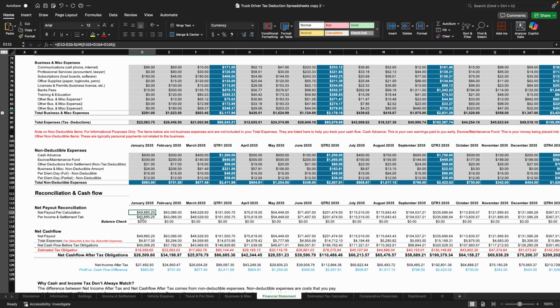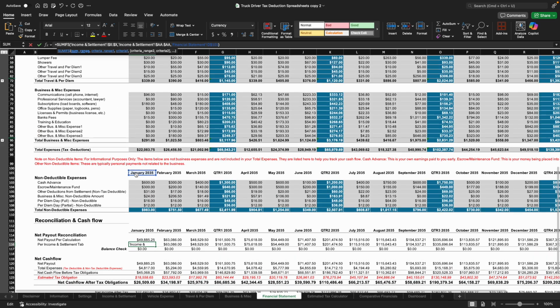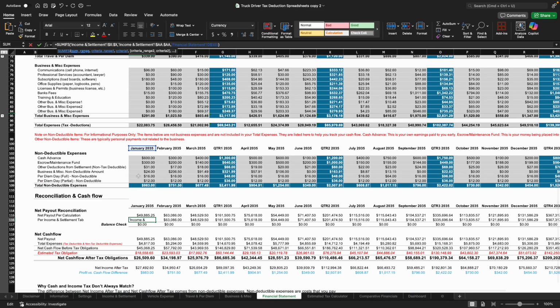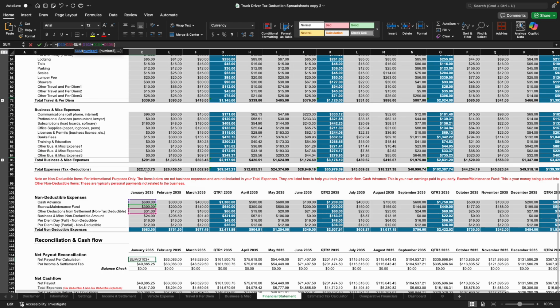And then from here, I'm going to do a calculation so that I can tie this out. If it's always zero, that means the math is correct, right? So for example here, per settlement tab, actually this comes from the settlement tab, so it's 49 here, which I showed you. And then this other piece here is just reconciliation. It's just adding all these up, right?